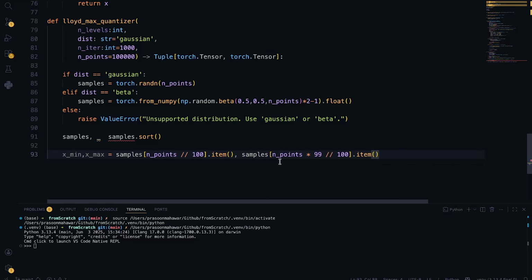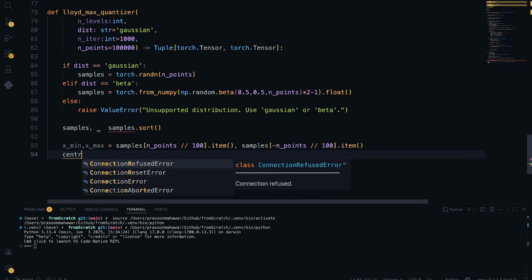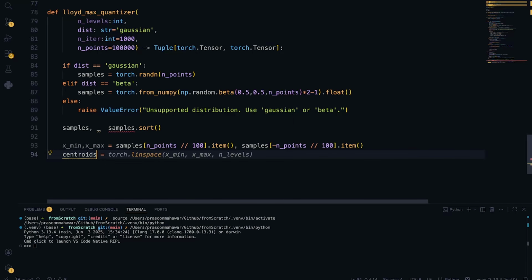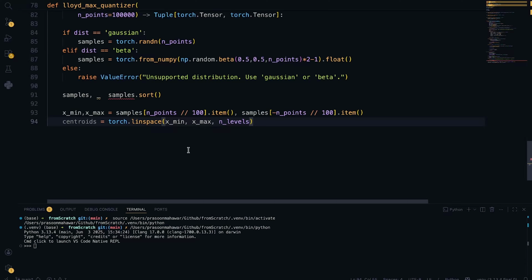Okay, let me first copy this and remove this. Yeah, okay, this is x min and x max, and the centroids now will be torch dot linspace x min x max. Yeah, this is correct. X min, x max and n levels.